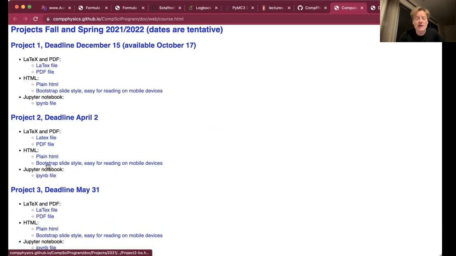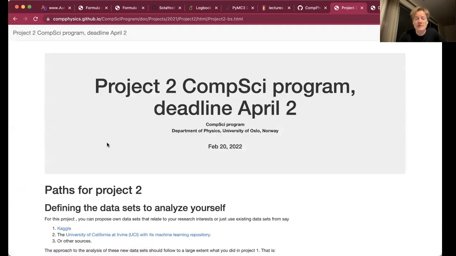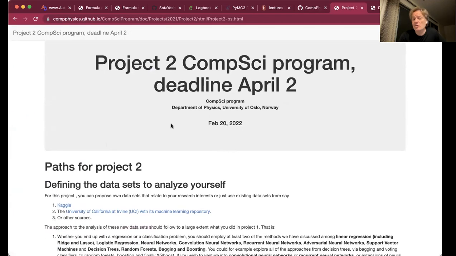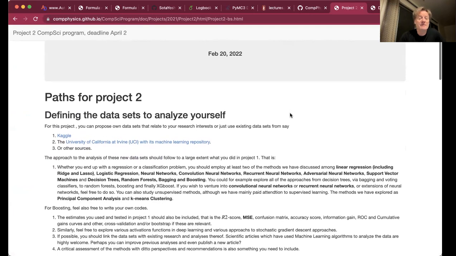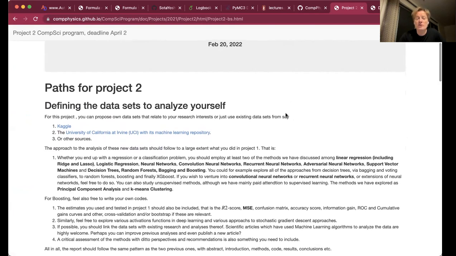So if we take a look at the project number 2 here, what I did was also to put a deadline of April the 2nd. So we're always flexible with these deadlines, as you probably have realized. So if this is of interest for your research, you can propose your own data set, which aligns better with what you are doing.